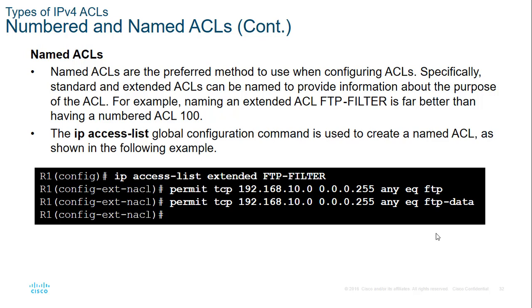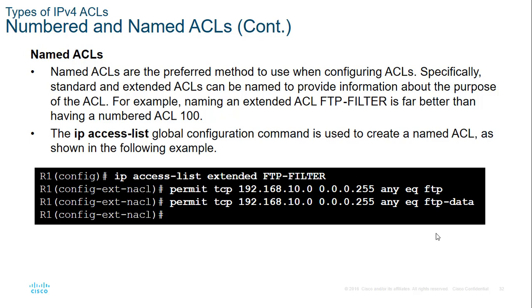So, for example, this filter is a far better way than having a numbered ACL. The ip access-list global config command is used to create a named ACL. When you do ip access-list, you had to say standard or extended, so you said extended FTP filter.